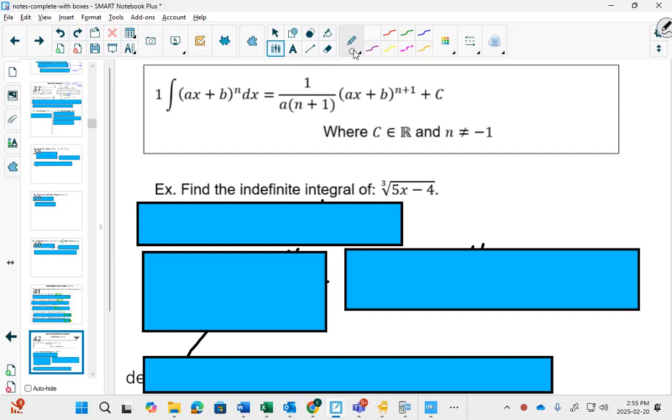It's saying that if this is your inside function, its derivative would just be the a. So now we compensate by dividing by a. Everything else is the same, right? So what was our rule for power rules? Add 1 to the exponent and divide by the exponent. But now we also have to divide by the a.